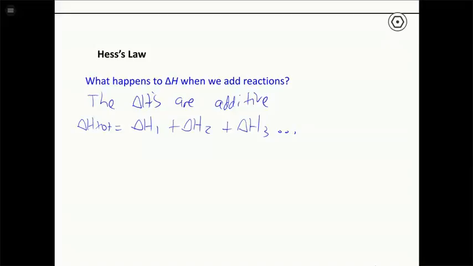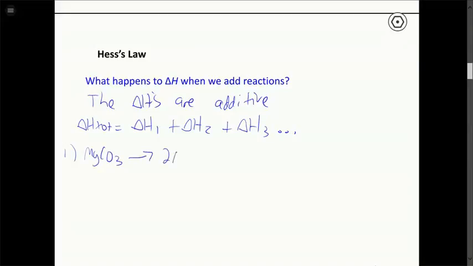So if we take that reaction we just talked about, magnesium carbonate, and you make MgO plus CO2, with a coefficient of 1, this has a delta H of plus 117 as we saw.